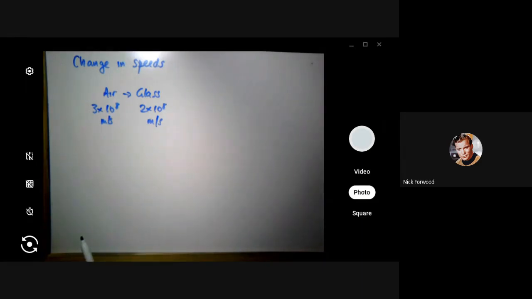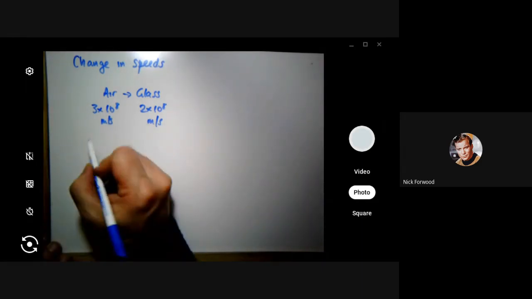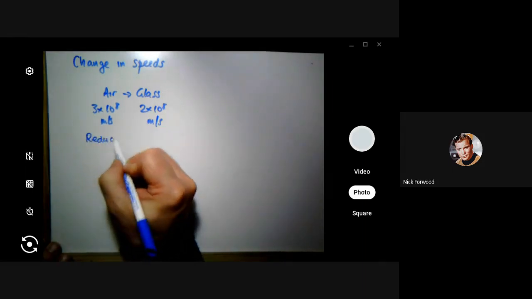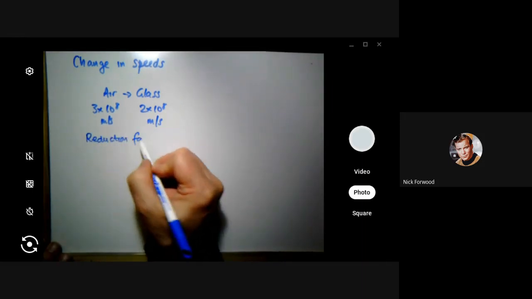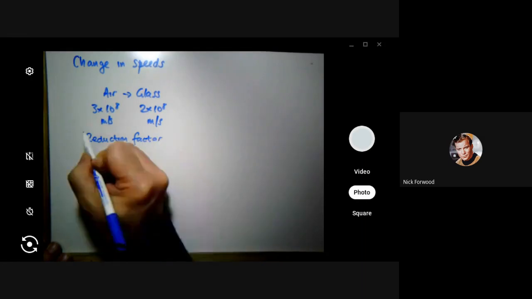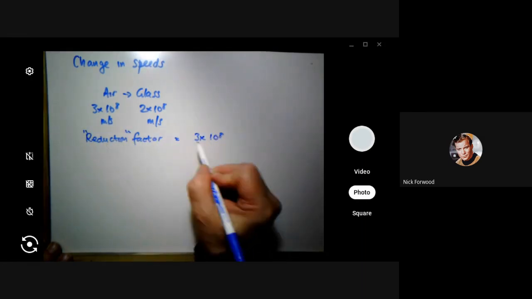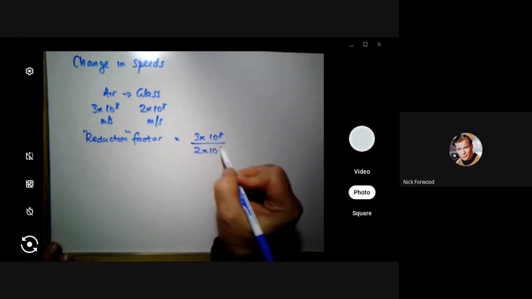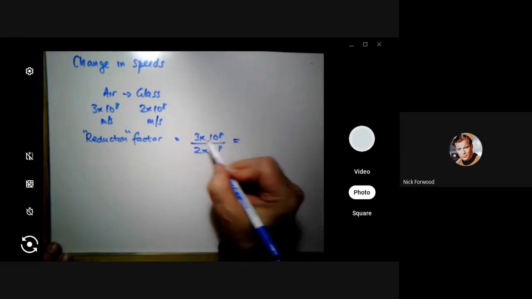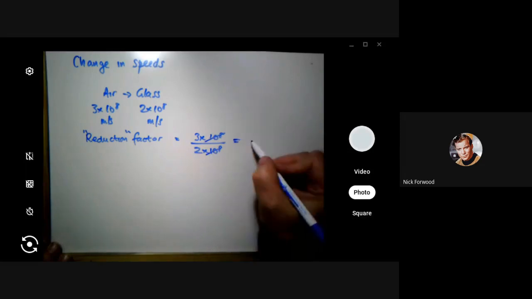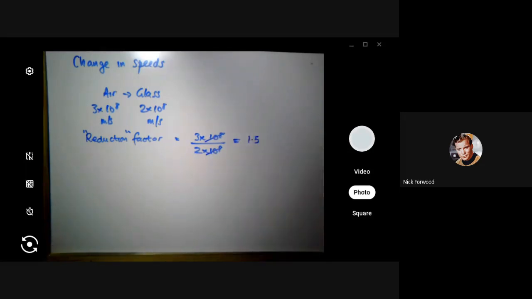So there's a sort of reduction factor, which is actually 3 times 10 to the power of 8 divided by 2 times 10 to the power of 8. And if we disregard the 10 to the 8s, we get 1.5.